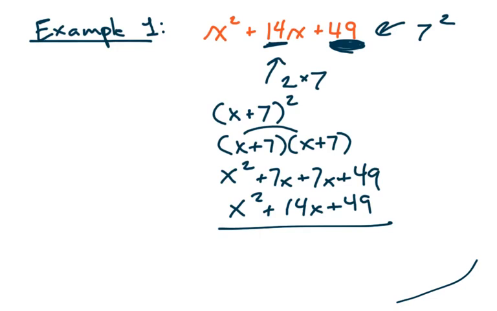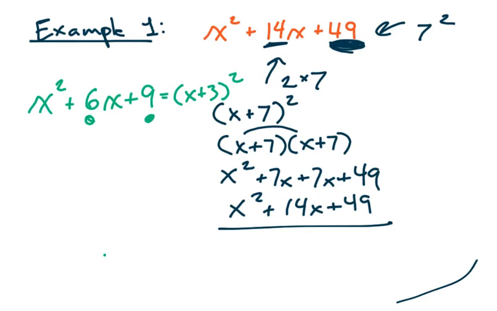Okay? So just be aware, if you see stuff like x squared plus 6x plus 9, that's going to be equal to x plus 3 squared, because 2 times 3 is 6, and 3 squared is 9.